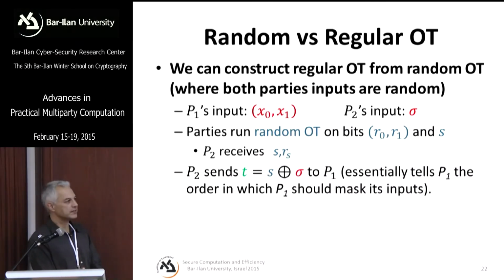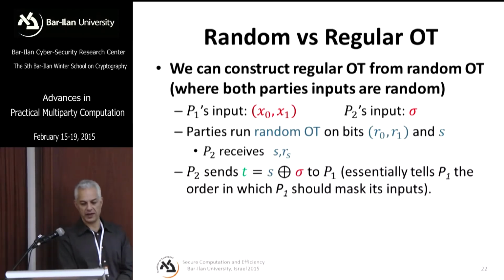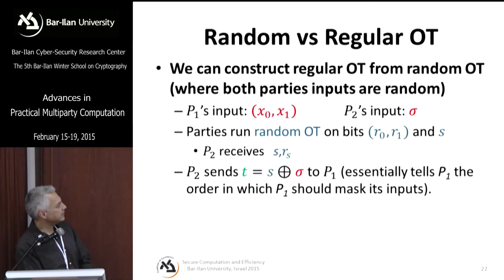Now, to use this to implement the regular OT, P2 has to send to P1 the XOR between S, the bit, the index of the output he learned in the random OT, and sigma, the index that he wants to learn in the regular OT.